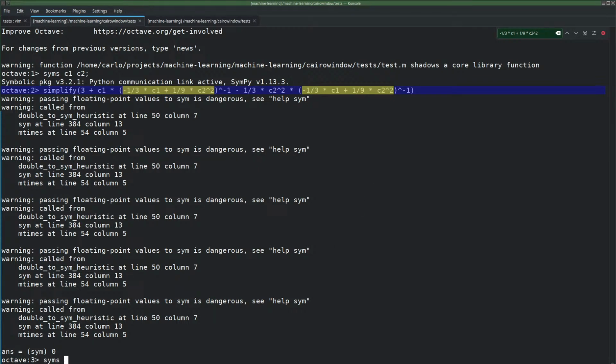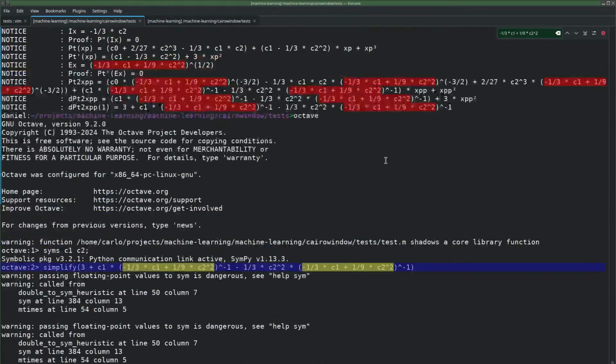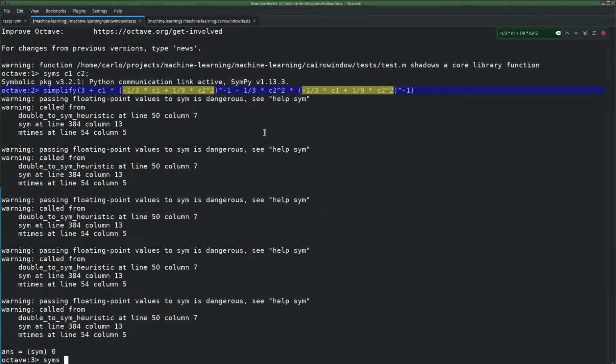How many other symbols do we have now? C2, C3, C1. C3 does not exist. And XPP. To add it, so I just need C0 and XPP.